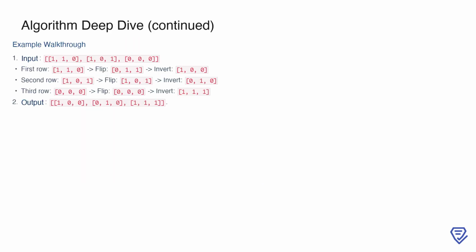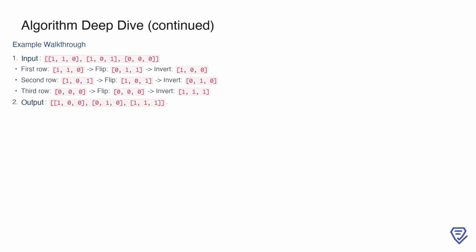Let's walk through an example to see how the algorithm works. Suppose the input matrix is [1, 1, 0], [1, 0, 1], [0, 0, 0]. For the first row, 1, 1, 0, flipping it produces 0, 1, 1, and inverting it gives 1, 0, 0. For the second row, 1, 0, 1, flipping results in 1, 0, 1, and inverting transforms it into 0, 1, 0.